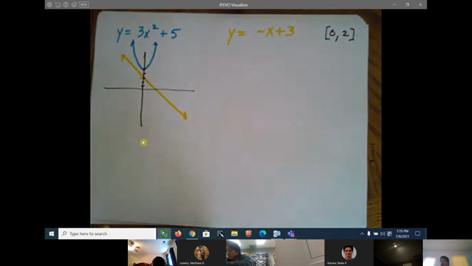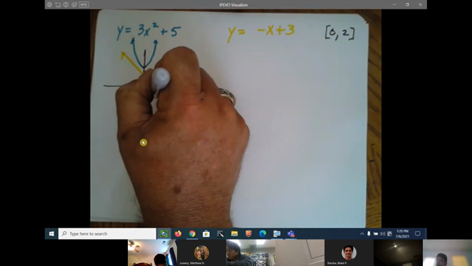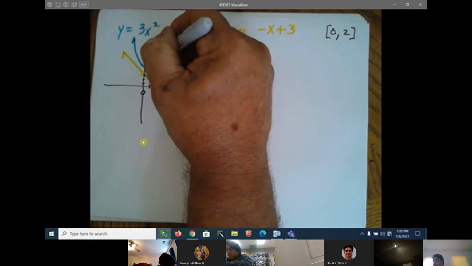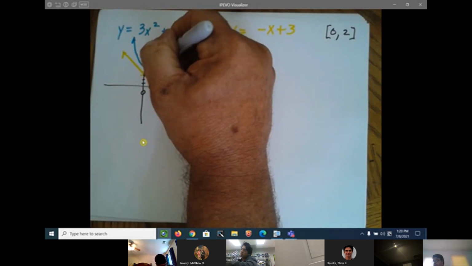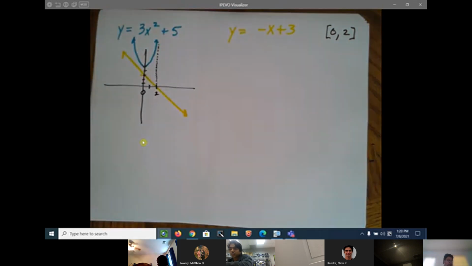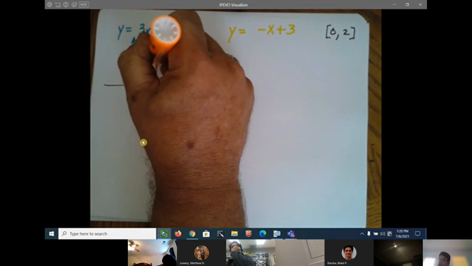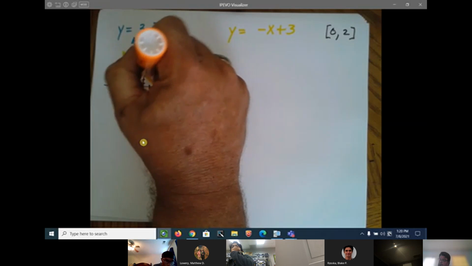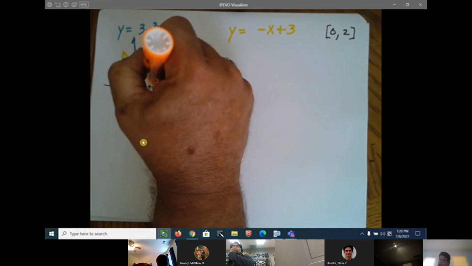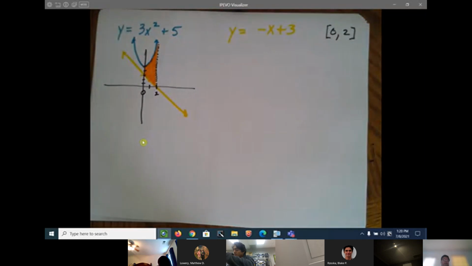And they want to go from 0 to 2. So from 0, 1, 2. So they want this area right in here. All right, go to it.